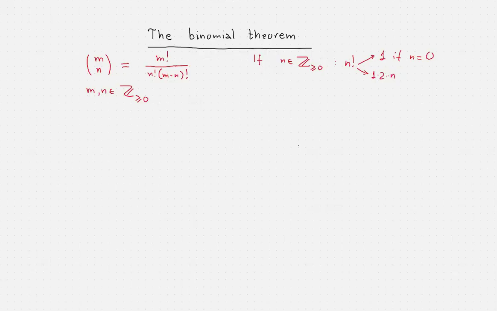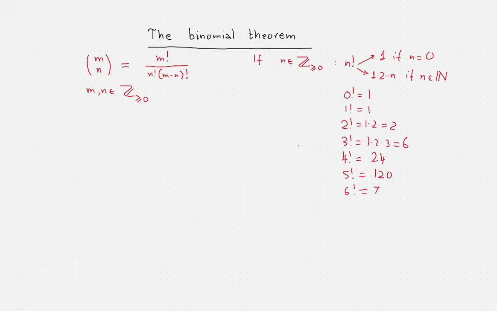So, for example, 0 factorial, of course, is 1, 1 factorial is 1, 2 factorial is 1 times 2, which is 2, 3 factorial is 1 times 2 times 3, which is 6, 4 factorial is 24, and 5 factorial is 120, and 6 factorial is 720, and so on and so forth. Okay, so we call this the binomial coefficient.